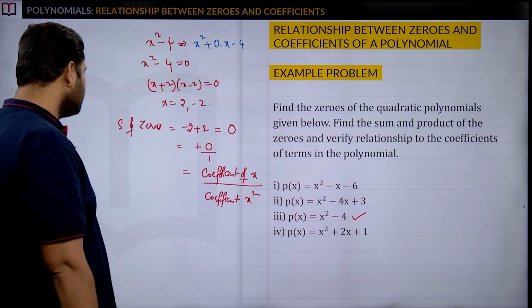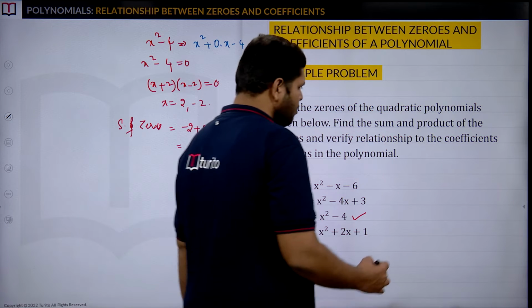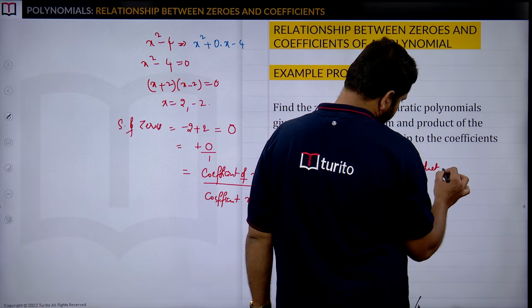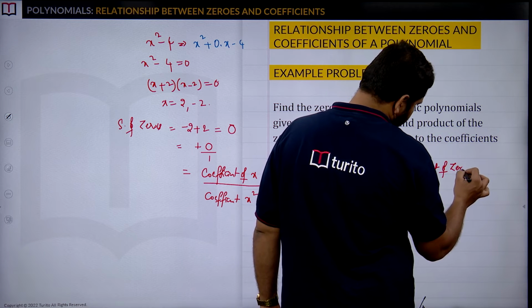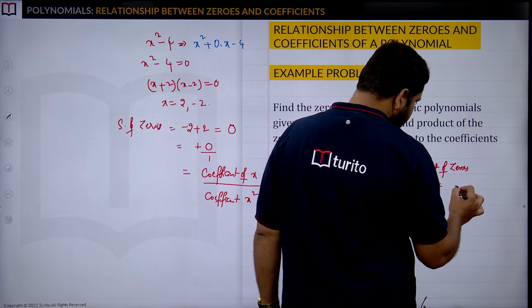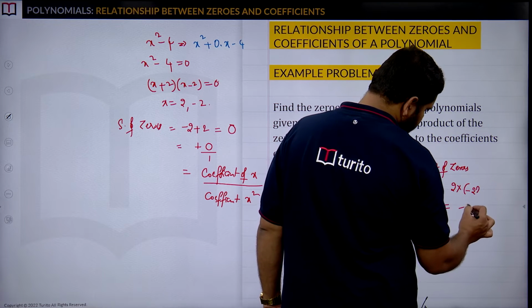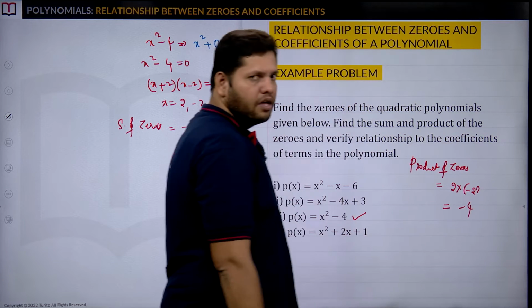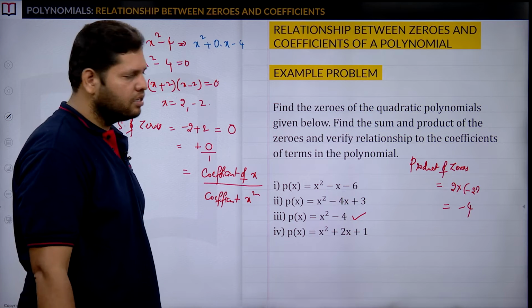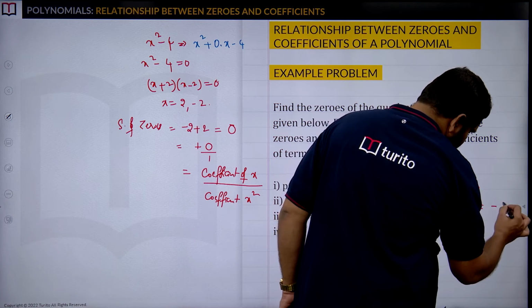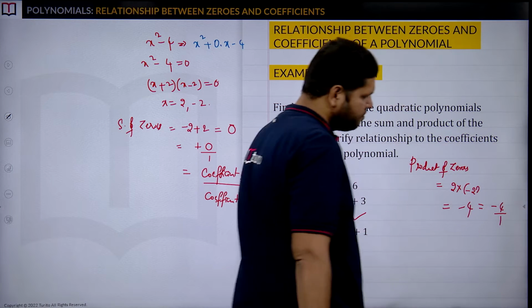And how can we find the product of the zeros, children? So, the product of the zeros I can write as, one zero is plus 2, another zero is minus 2. So, plus 2 into minus 2, it is a minus 4. And how can I write minus 4, children? Minus 4 divided by 1.